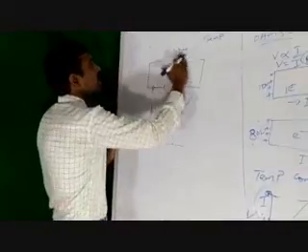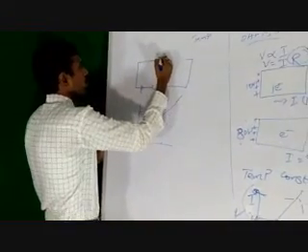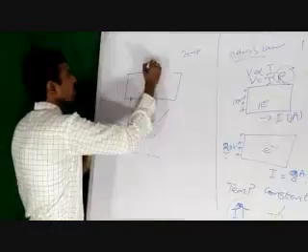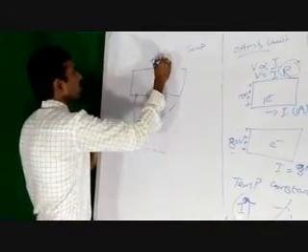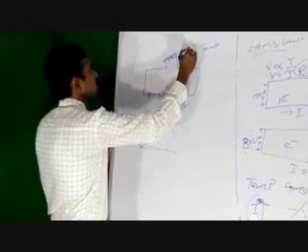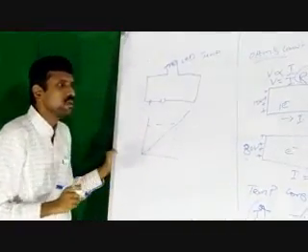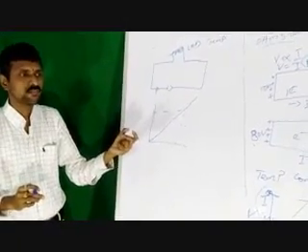In place of the iron spoke, if you keep one LED, we will get fluctuations. Why?